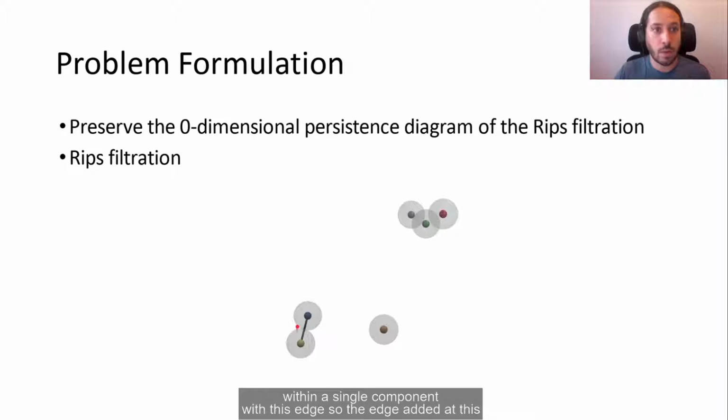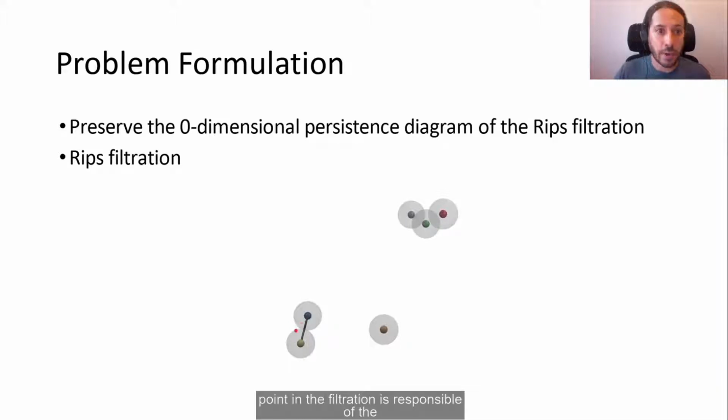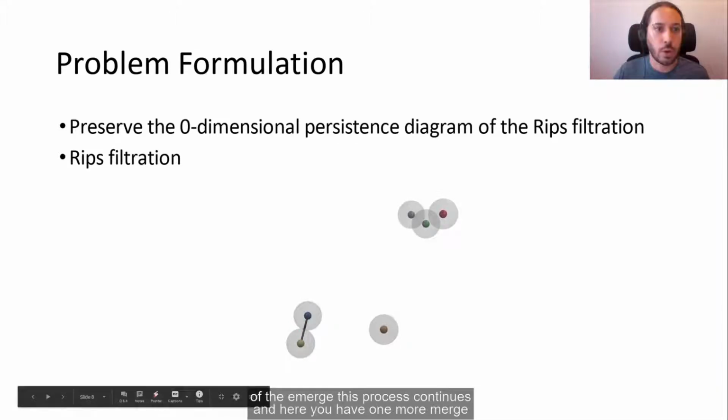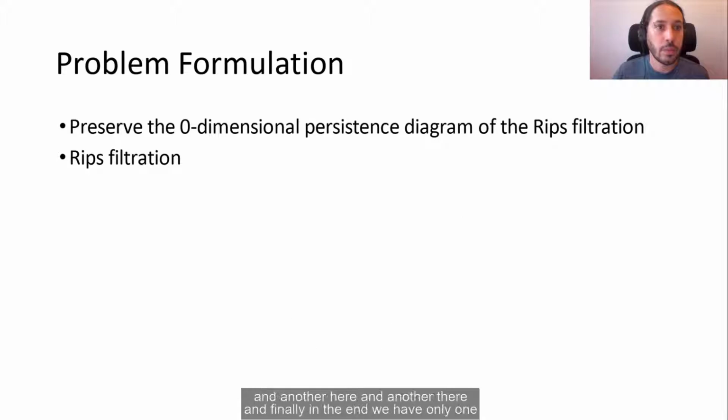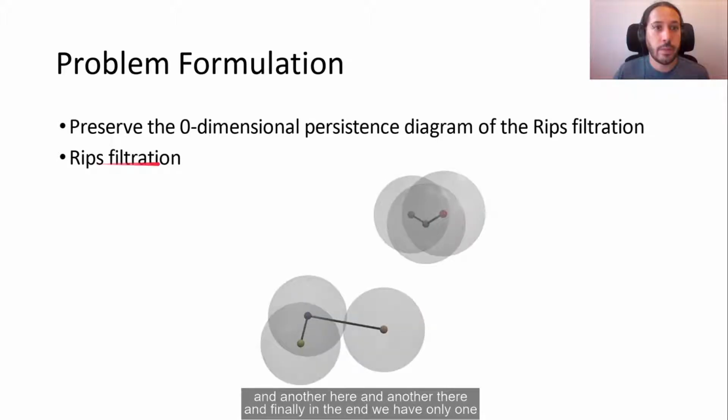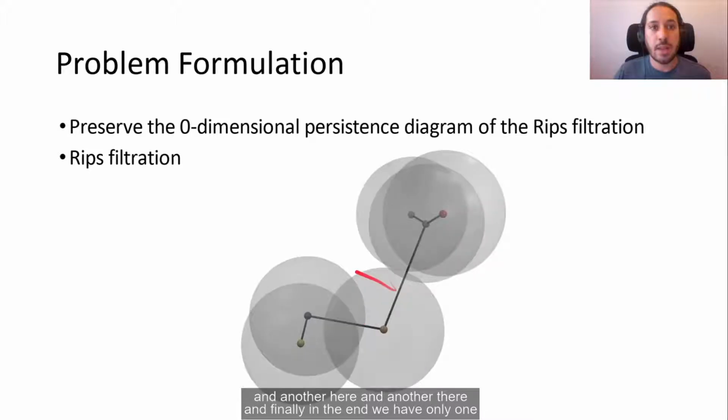So the edge added at this point in the filtration is responsible for the merge. This process continues, and here you have one more merge, and another here, and another there. And finally, in the end, we have only one connected component covering the entire input point cloud.